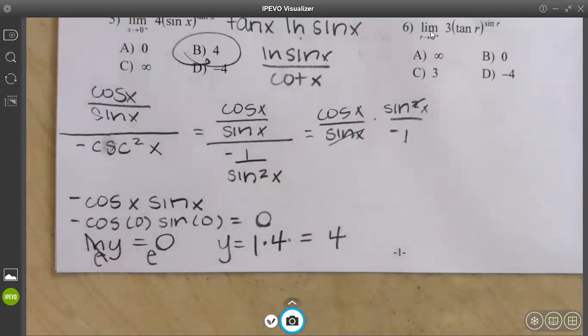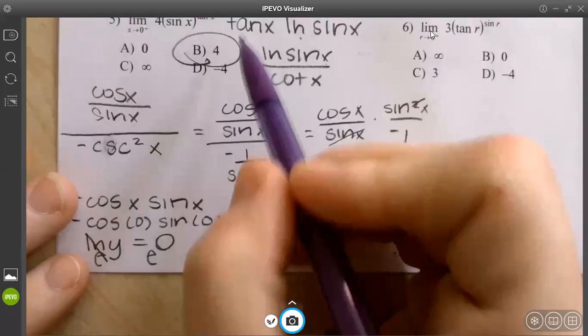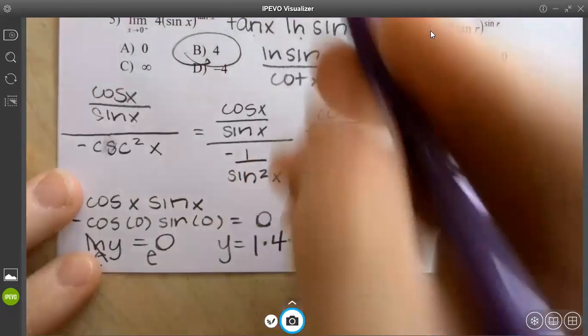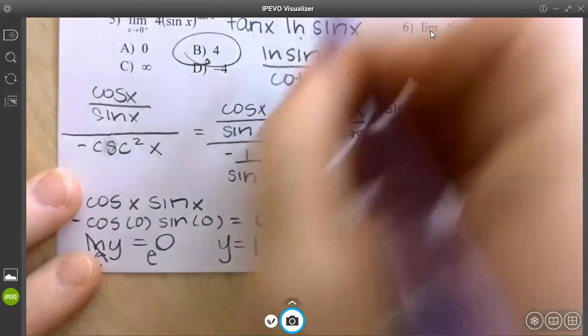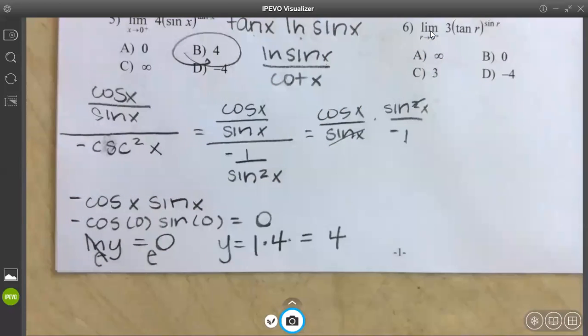Everybody good? How did you go from cosine to negative cosine? The derivative of cotan. Yeah. So use your cheat sheet. The derivative of the top and then the derivative of the bottom. When we move it to the bottom, it's 1 over tan.